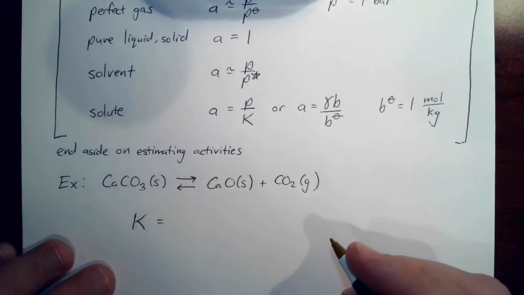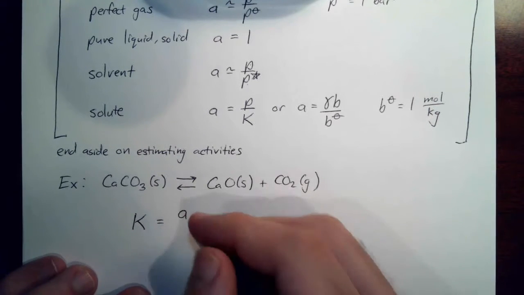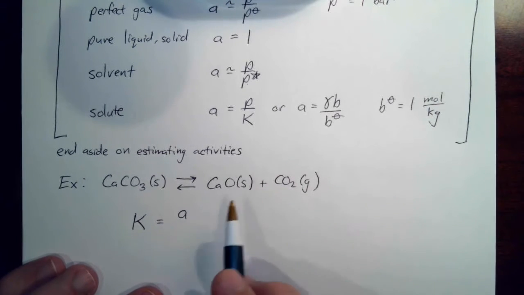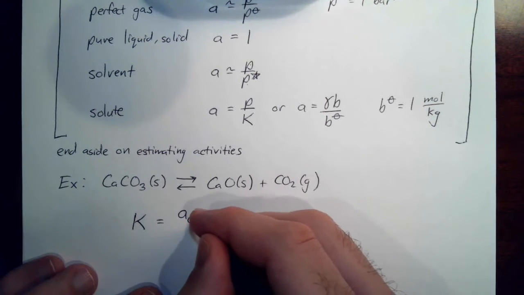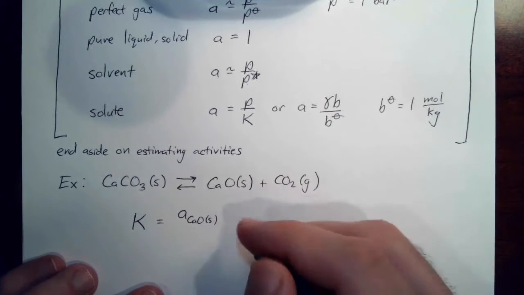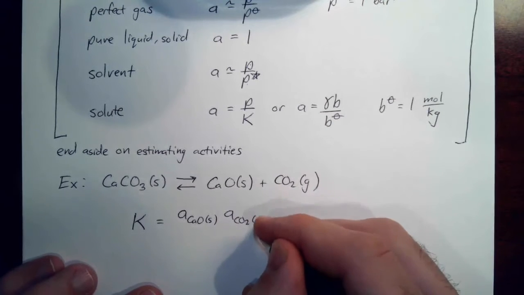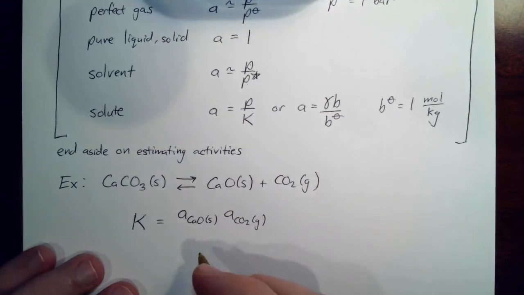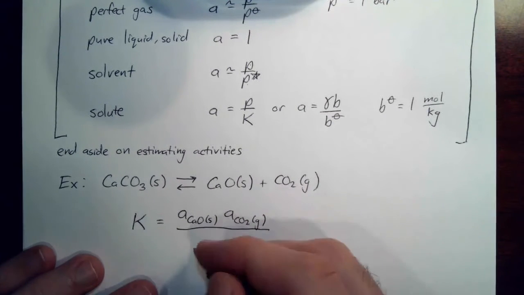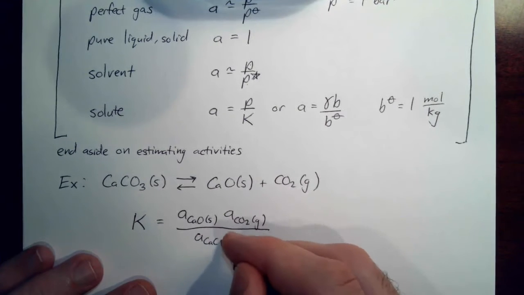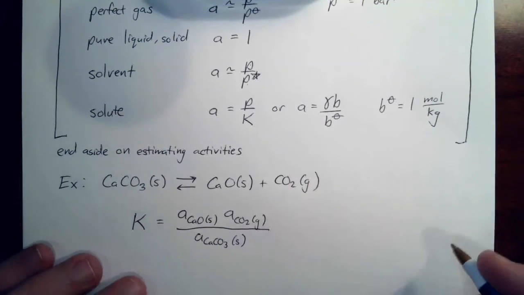Using our definition for K, we have the activity of the products on top: the activity of calcium oxide times the activity of carbon dioxide, divided by the activity of calcium carbonate, solid.